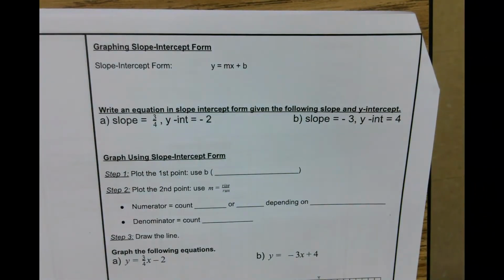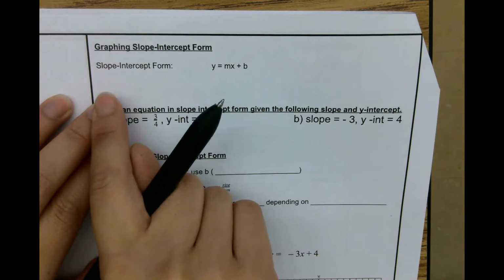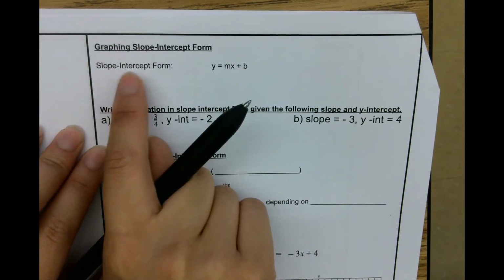Just a refresher, I put slope-intercept form here. The reason why it's called that is because we're given the slope and the intercept.